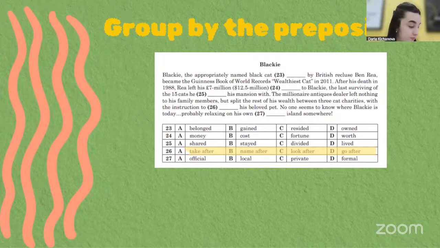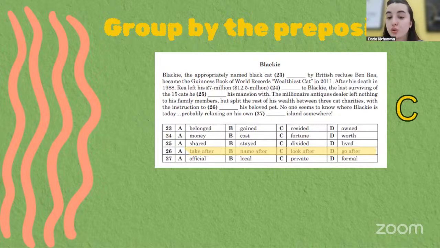What can we say? Any variants that you have? The point of this task was to split his wealth and also not to forget to look after his cat.